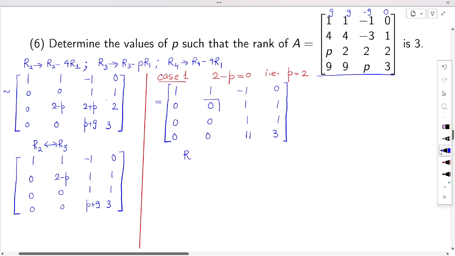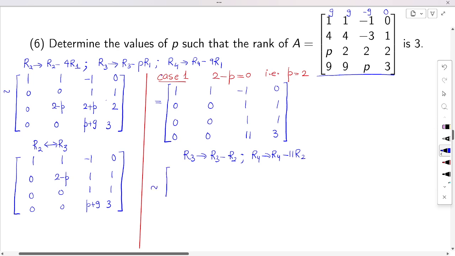Now, if this entry is 0 and all the entries beneath this entry are 0, then we try to make this entry 1, which is already 1, and the entries below it to be 0. To make these entries 0, we apply row 3 minus row 2 and row 4 minus 11 times row 2.